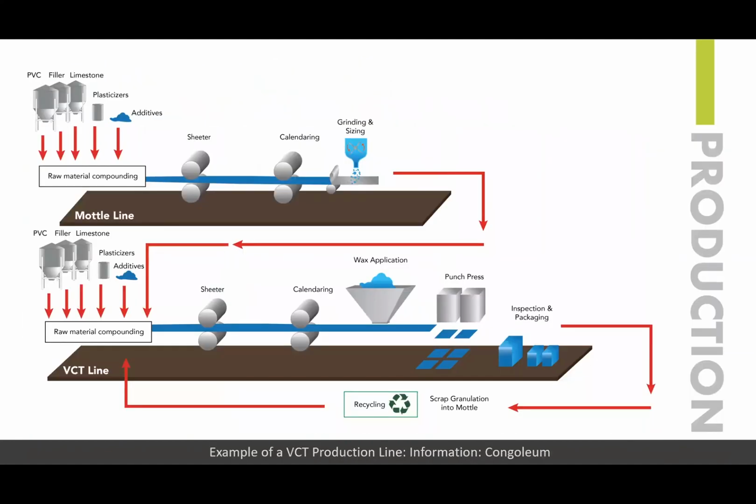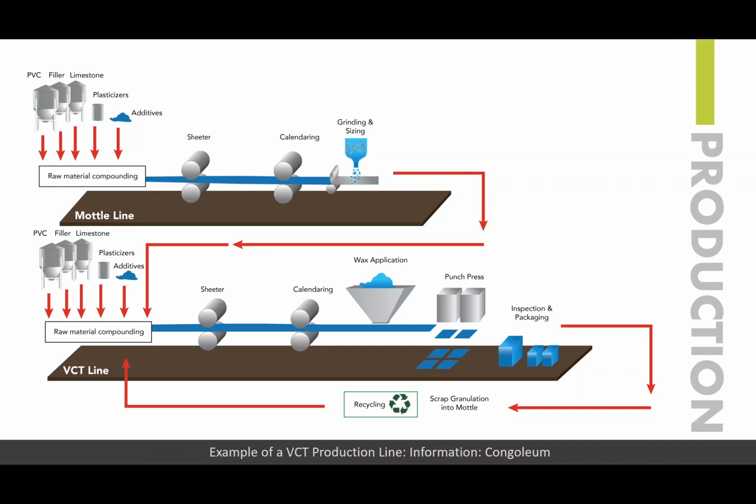When we're looking at the production of VCT, there's two lines, one called the model line, which is those little chips that are made up that go into the final product, and then the overall mixture that creates the product itself, which then has an application of a finish and is punch pressed into usually squares. 12 by 12 squares is what is most commonly known, but there are other shapes as well.